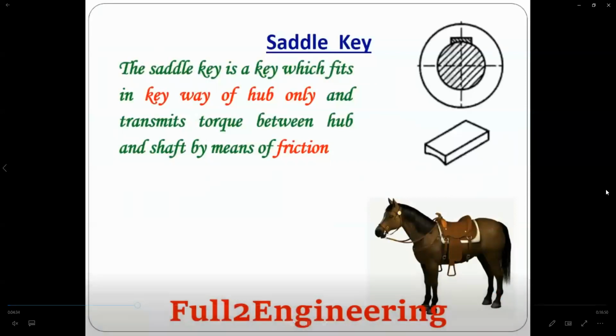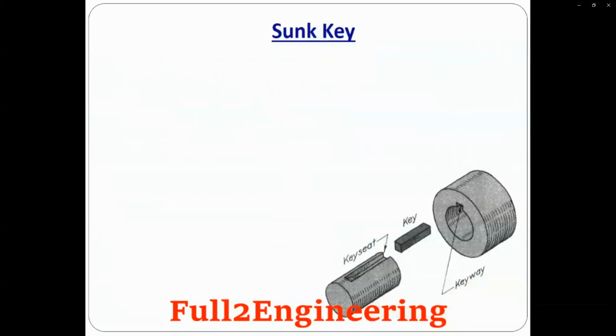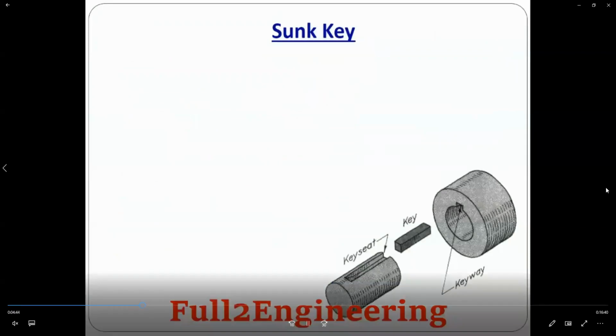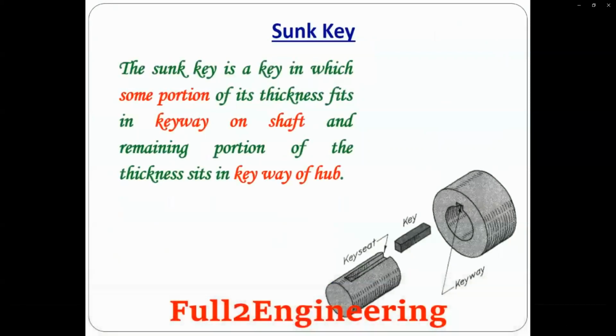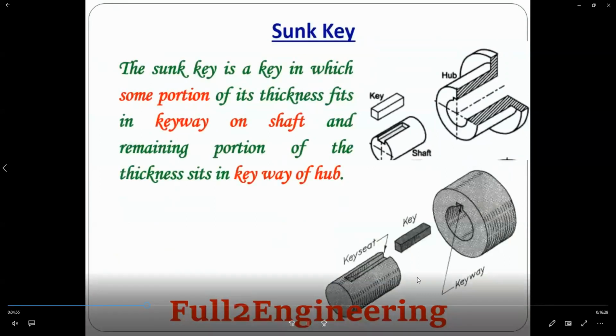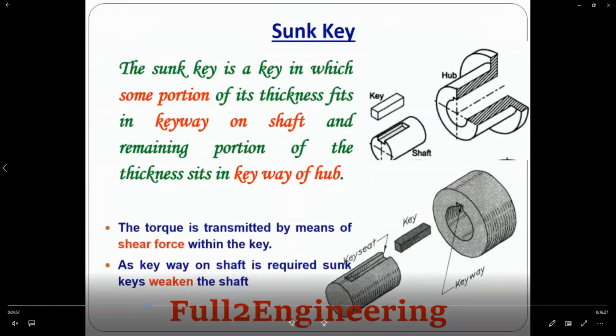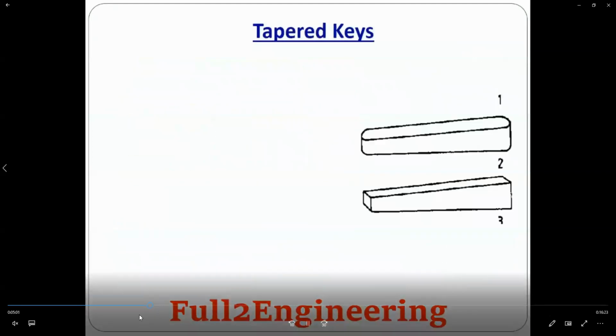So they purposely have this key to transfer the torque, blocked by the friction. This is a different shape.